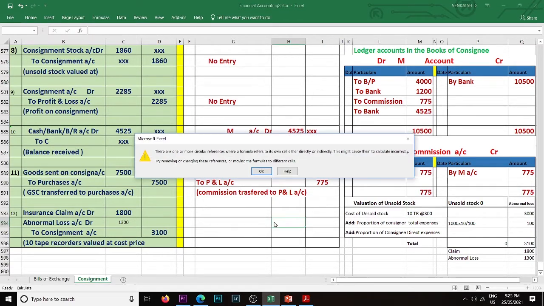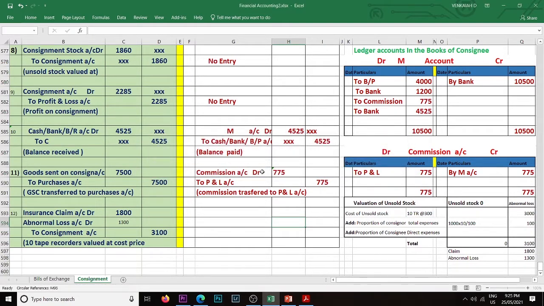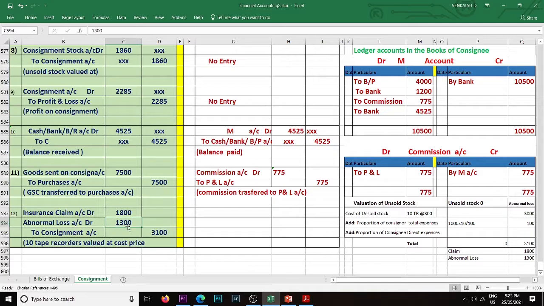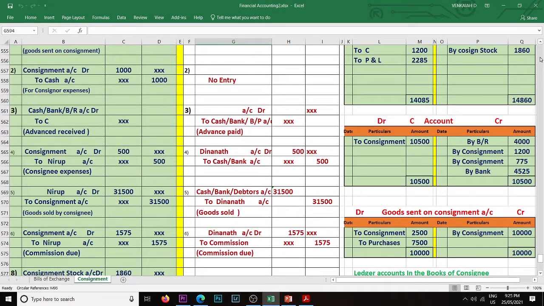Okay, students, now we will go to posting. So complete these journal entries in your notebook. We will go to posting. Right, one by one. So number 1, consignor account.